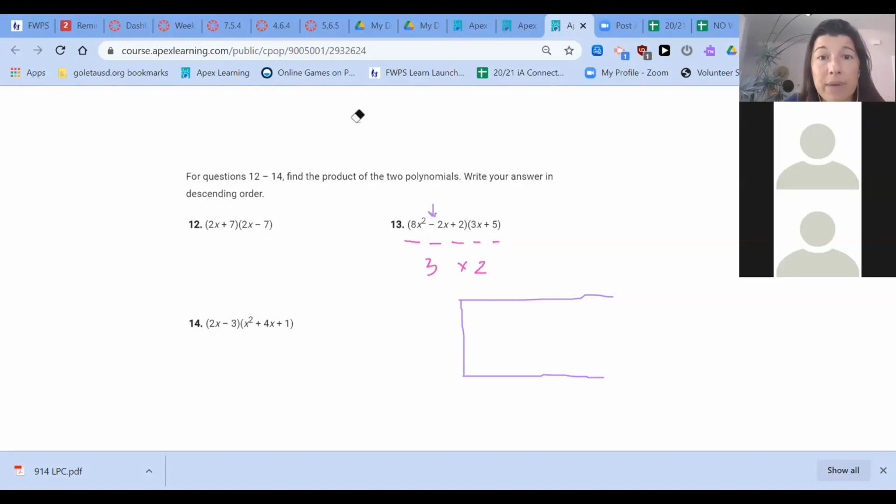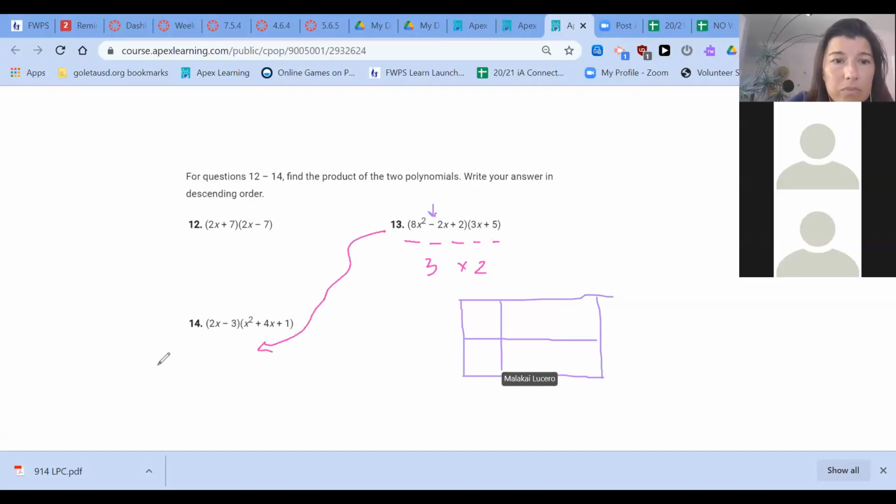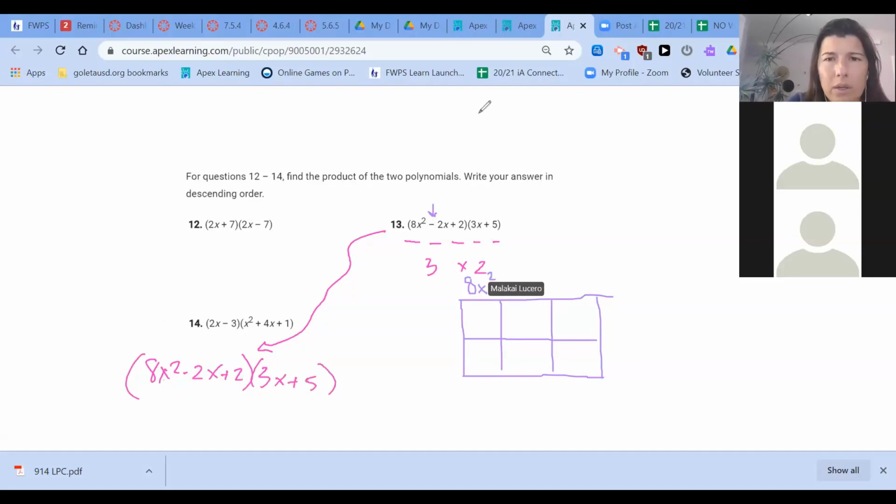And while you're doing the box method for that one, I will write it out in FOIL form. Which technically I can't use FOIL, but I can use that same idea. So I'm going to do 8x squared times the 3x and the 5 first.